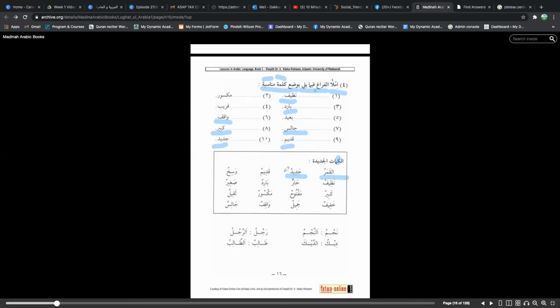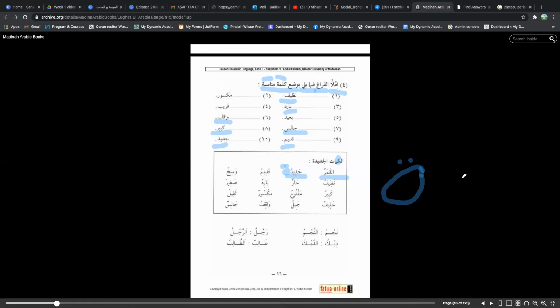And how do you make it feminine? Tamarbuta. That's it. Try it like that. A lot of these words, if you want to make them feminine, all you have to do is add a tamarbuta at the end. So you say, mudarrisu jadidun, the teacher is new.